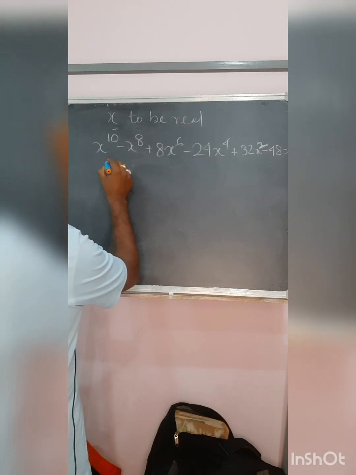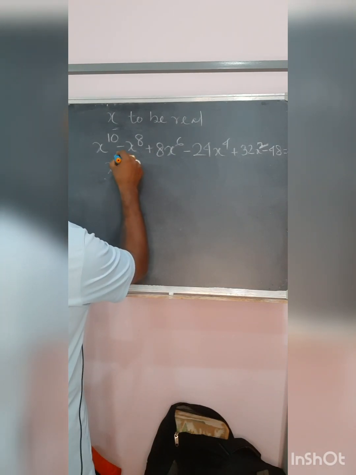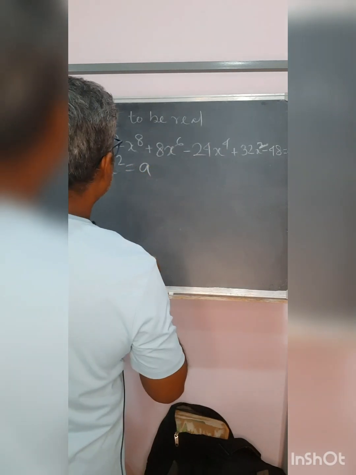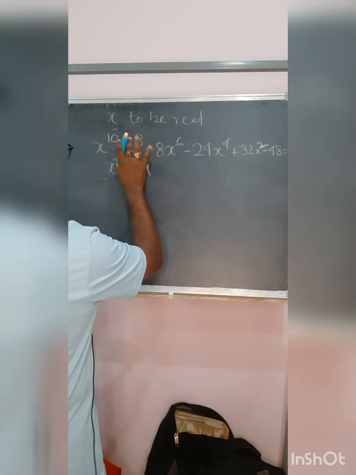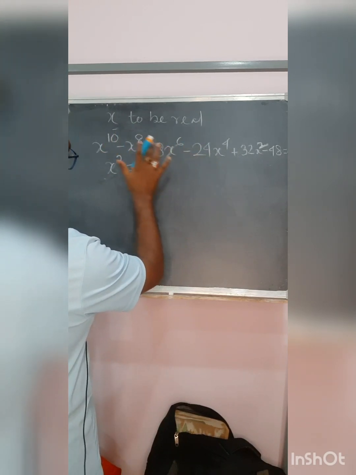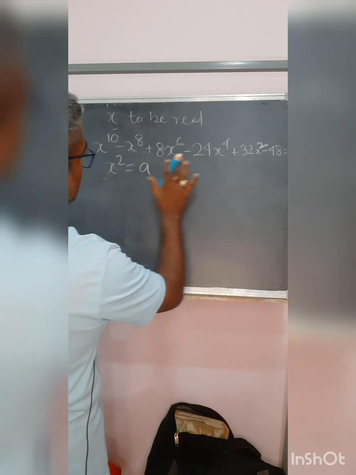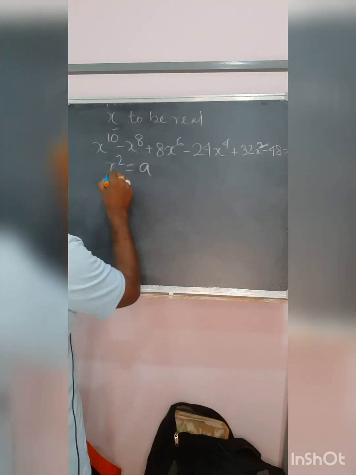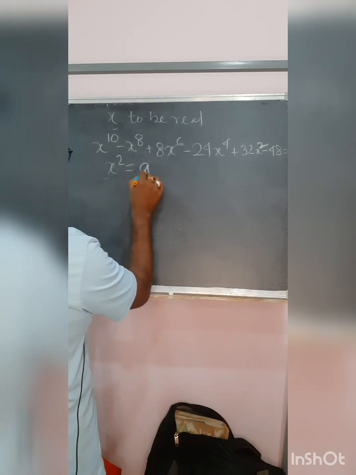If I put x square equal to something of power 1, this will convert the equation to the same decreasing order, but continuous. How it will help, I will show you. So, first let me take x square equal to a.